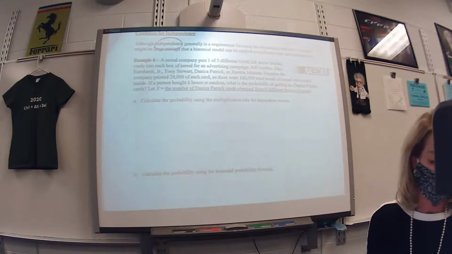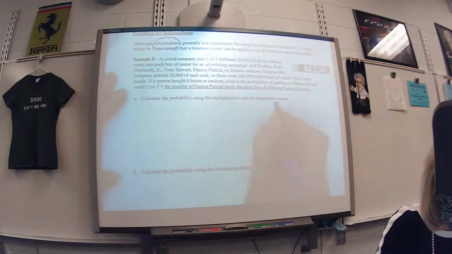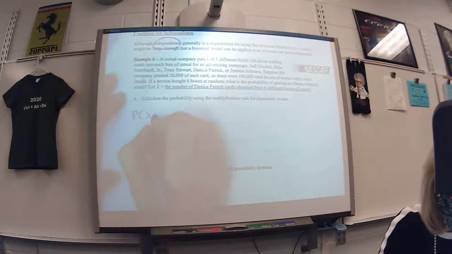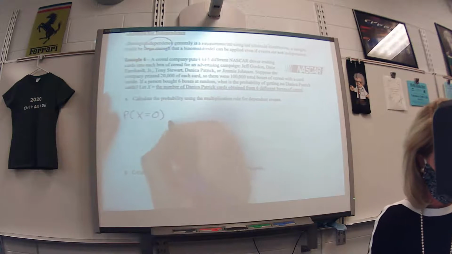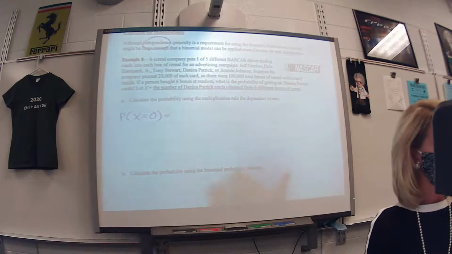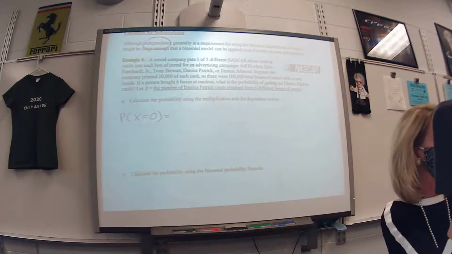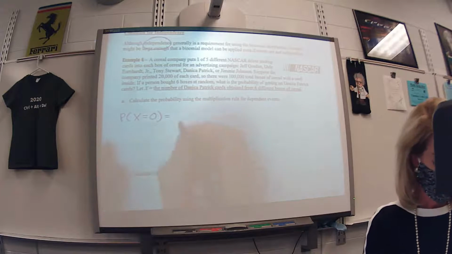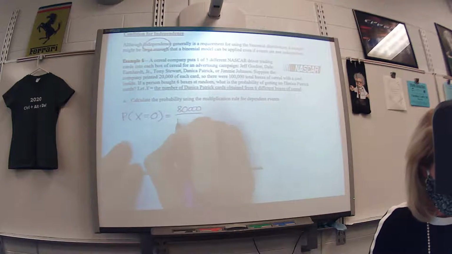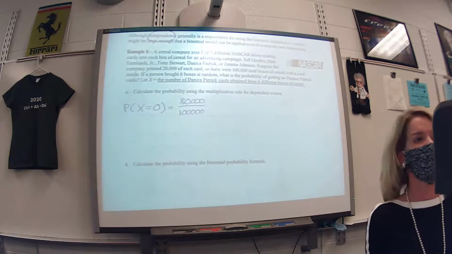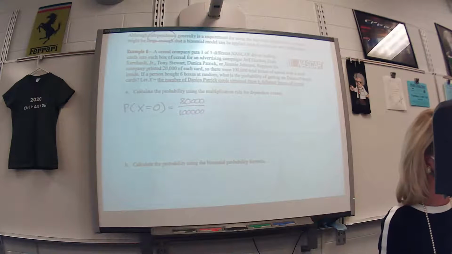So we're going to calculate the probability using old formulas. If X is the number of Danica Patrick cards, we want the probability that X is 0, that we don't get Danica Patrick. So if I draw the first card, now remember, my success for the way this is defined is not getting Danica Patrick. So on the first draw, I could be successful 80,000 times, because there's 80,000 cards that are not Danica Patrick.